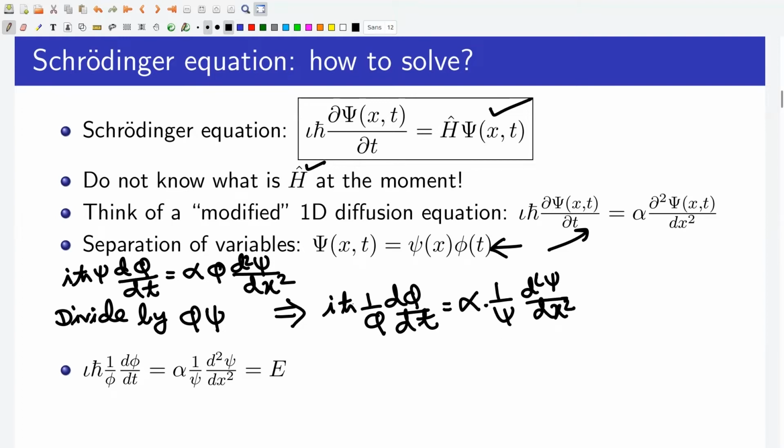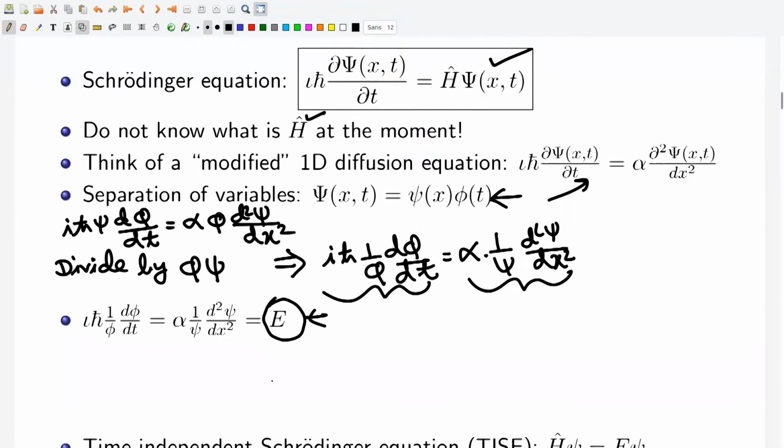And now you see, this is the time dependent part and this is the space dependent part, and they have to be equal to some constant, which is written as E.